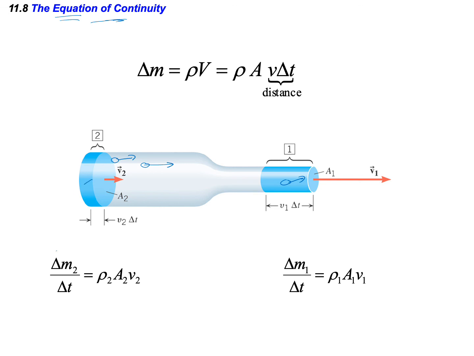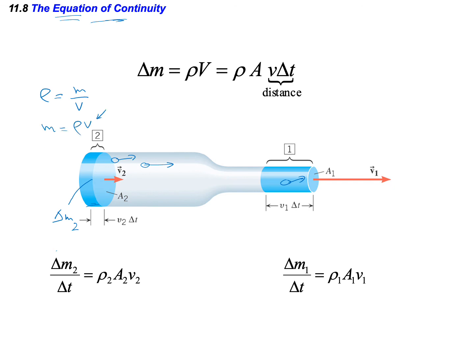Now, if you consider a small mass delta m in area 2, we can write delta m2, and that mass rate change we can write in terms of rho and v, because we know density rho is equal to mass over volume. So mass is rho times volume.